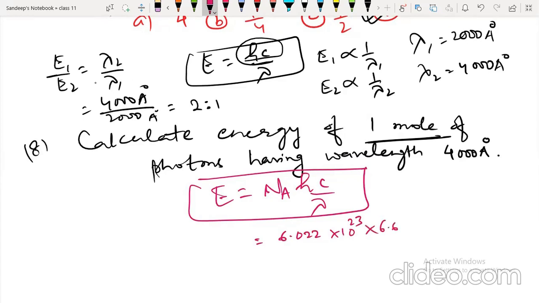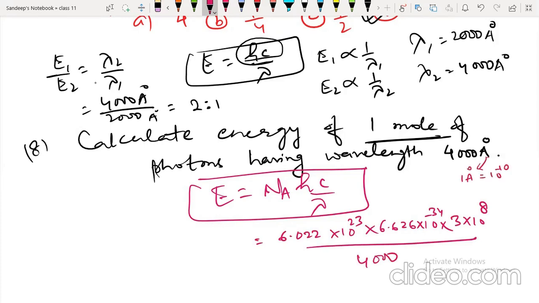H is 6.626 into 10 to the power minus 34. C is 3 into 10 to the power 8 upon wavelength 4000, and you need to convert it into meter. 1 angstrom is equal to 10 to the power minus 10 meter. Now solve this and you will get the answer in Joule.